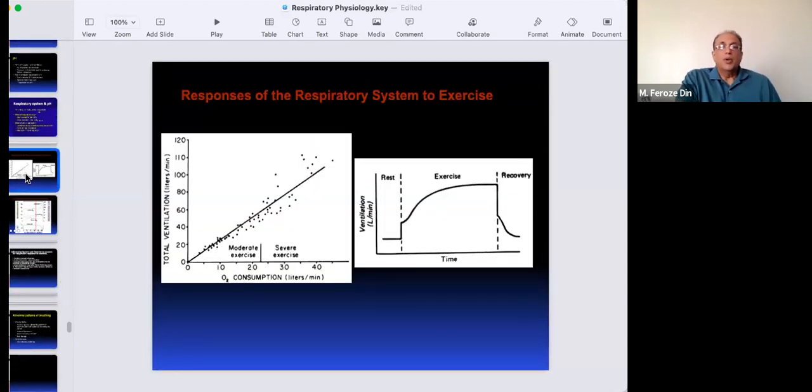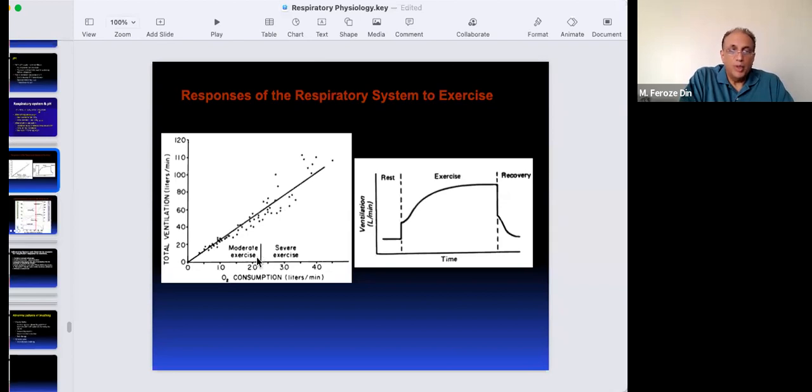Next, I would like to talk about exercise and the respiratory system. It's a very nice little subtopic, which I really enjoy because it actually illustrates all the different types of control mechanisms that exist. Exercise is one of the most demanding states as far as respiration is concerned.